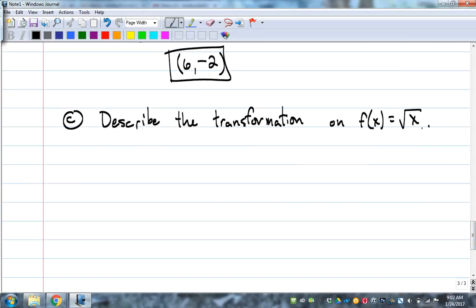So we're describing what's happening to the square root function. Is it being shifted left or right, up, down, vertical stretch, vertical compression, horizontal stretch, horizontal compression, or reflection, any of those things that happen to it based on the equation that they give us. So here's our equation: f of x is equal to the square root of (x plus 3) and then minus 6 on the outside. What did they do to the original function?